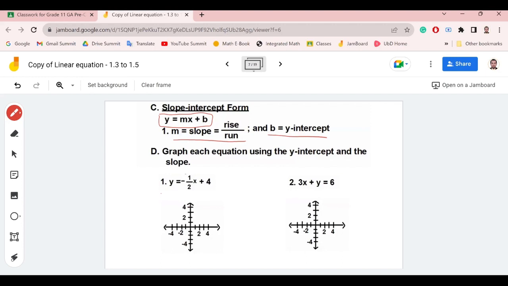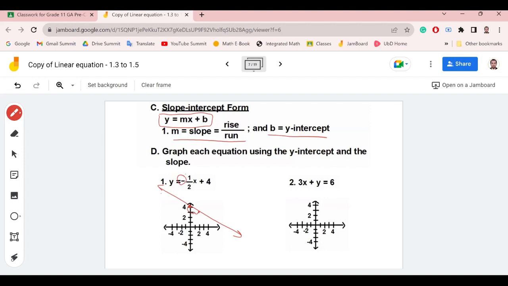Yes, y is 4, then negative goes down 1 step, then right. So 1 step down and 2 steps to the right. So my graph will look like this. Right? And this makes sense because the slope here is negative.